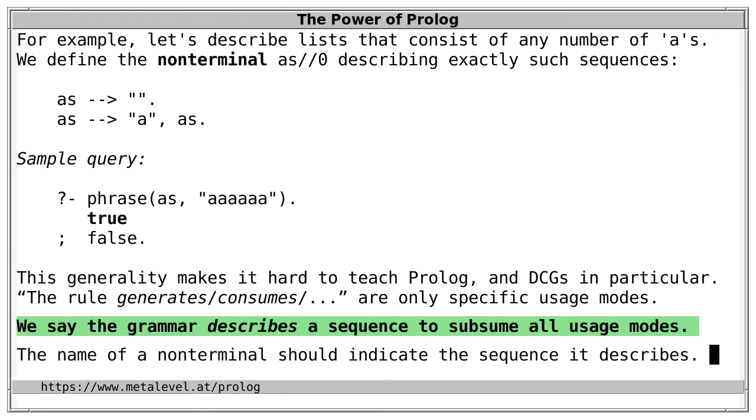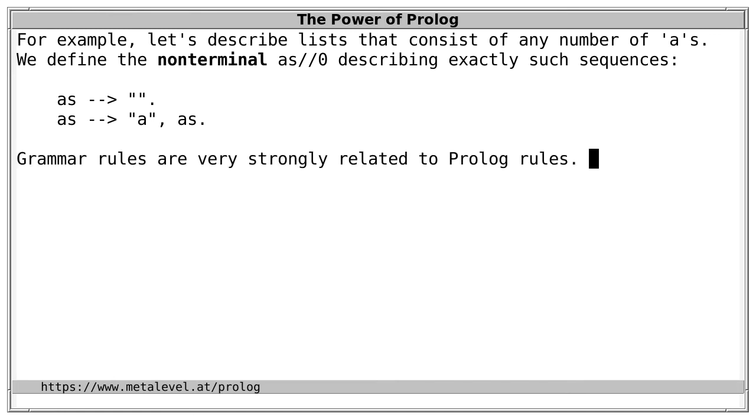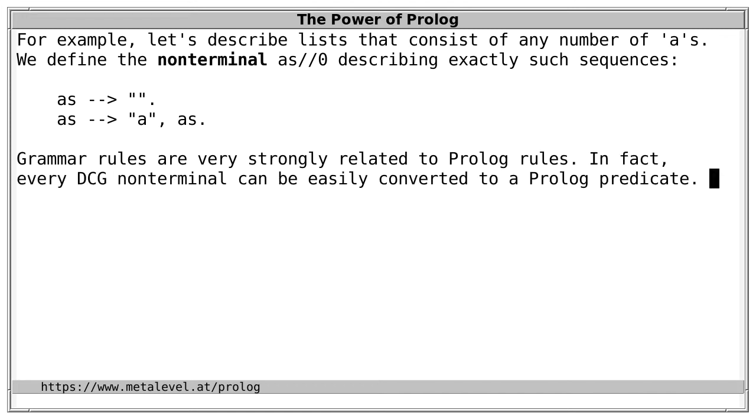And this naming convention for non-terminals is different from the one we use for Prolog predicates, where we try to find good names for the arguments of the predicate. So here, we are focusing on the sequence we are describing. And even though the naming conventions are different, grammar rules are very strongly related to Prolog rules. In fact, every DCG non-terminal can be easily converted to a Prolog predicate.